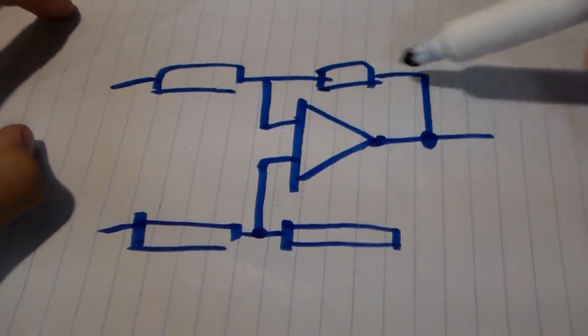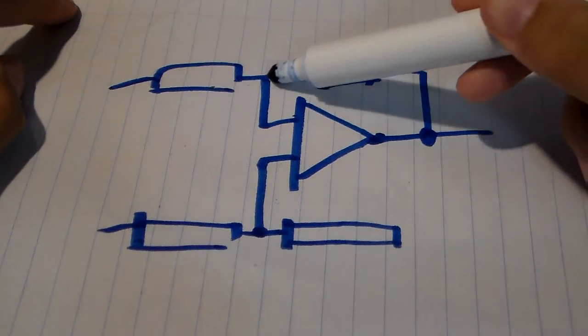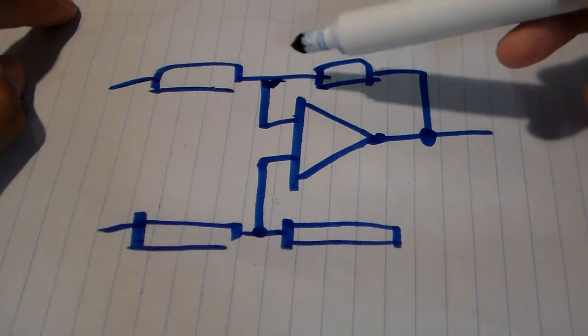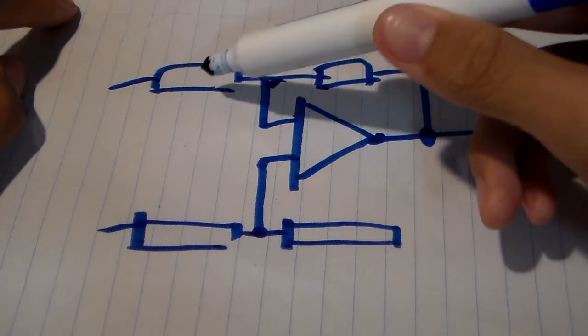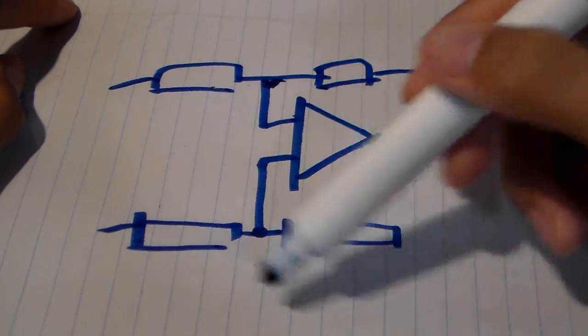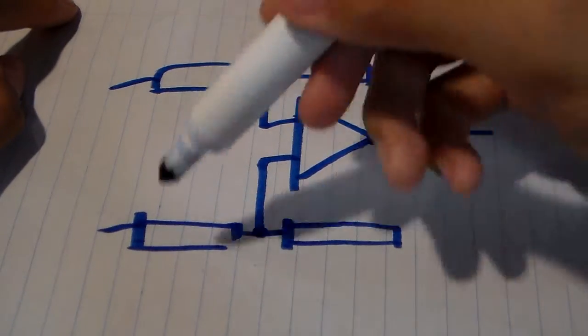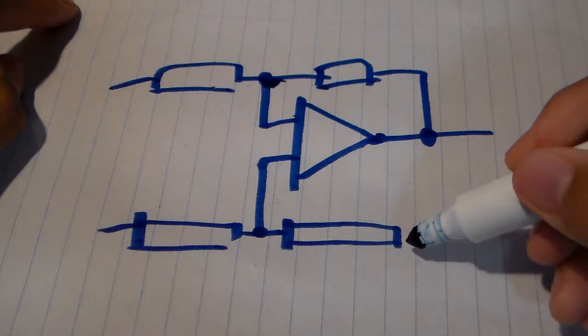So with this configuration, it's much easier for a beginner to see these two resistor dividers, and you can see the functionality of the unit. Oh, I forgot ground over here.